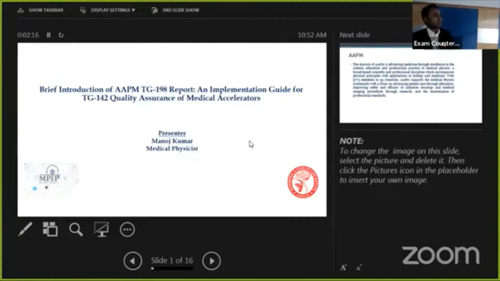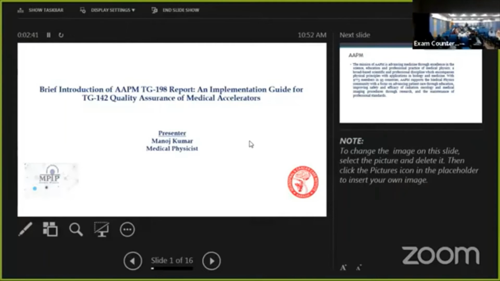Now we need to have some baseline values and reference values so that we can compare the tests with them. And these reference values and baseline values come from standard bodies. These standard bodies are AAPM, American Association of Physicists in Medicine, and IAEA, International Atomic Energy Agency.